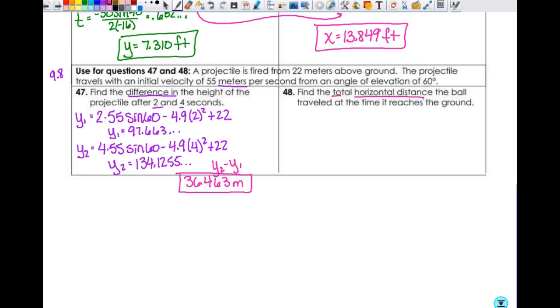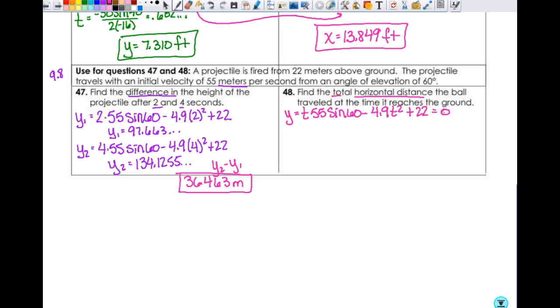So then it says find the total horizontal distance the ball traveled at the time it reaches the ground. So that means I need the zeros. This is where the quadratic formula comes in. So my generic formula here, y is equal to t times 55 times the sine of 60 minus 4.9 t squared plus 22, and I set that equal to 0.